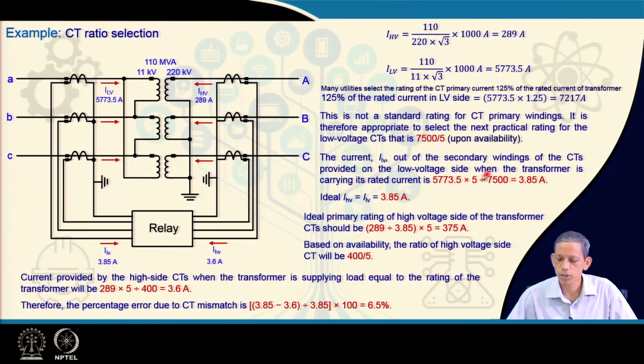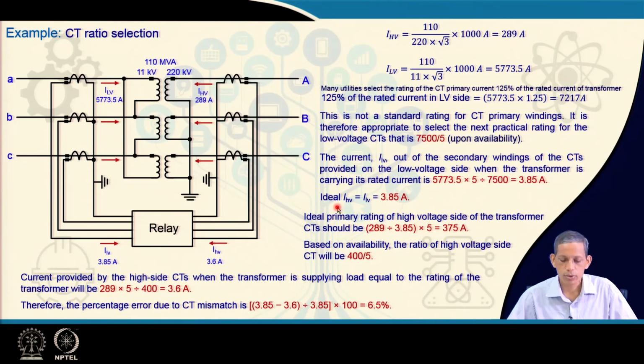This is the corresponding CT ratio. That gives us 3.85 ampere at the normal rated loading condition, when it is feeding rated load. So, this is the CT secondary current on the low voltage side.